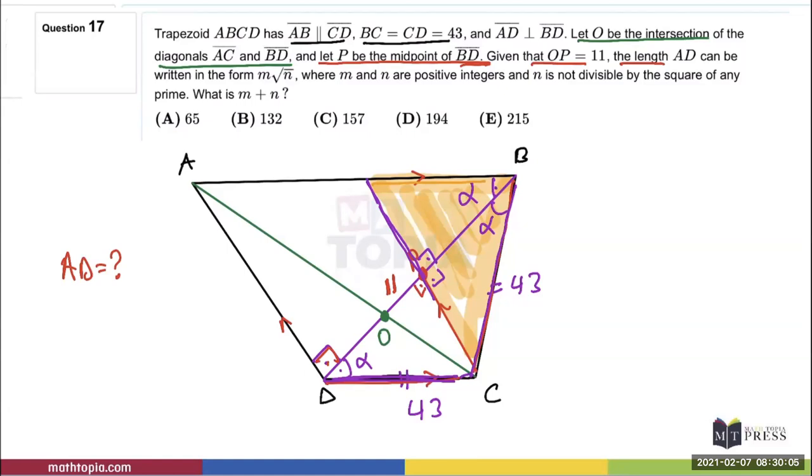Then that gives you that this side is also 43, right? That's 43 and 43. These are also the same.